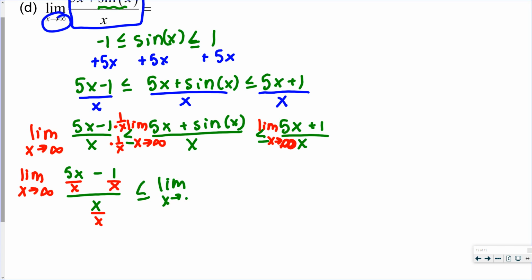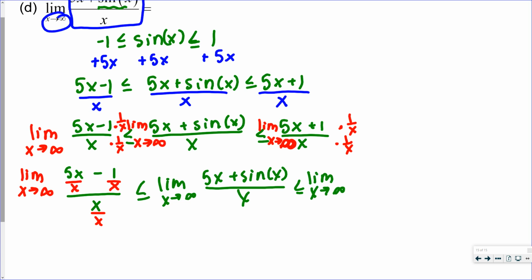Middle, we just copy down. That's what we're trying to find. Here, same thing. Divide everything by the largest power of x in the denominator, which is just x.